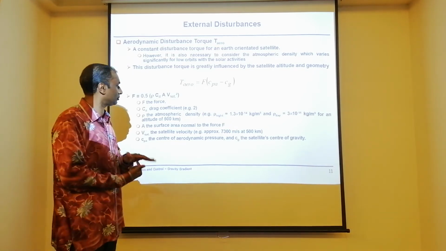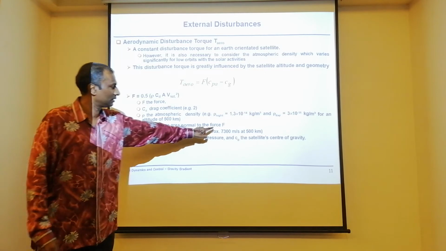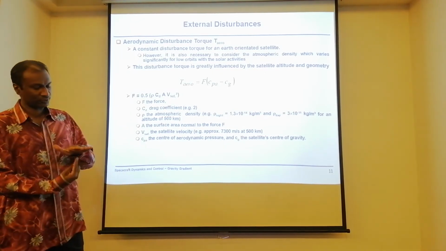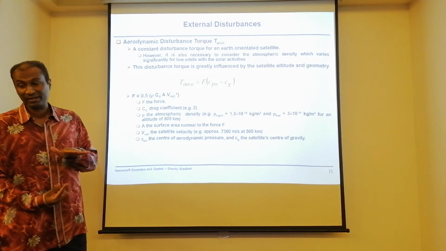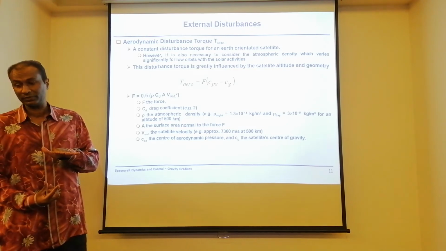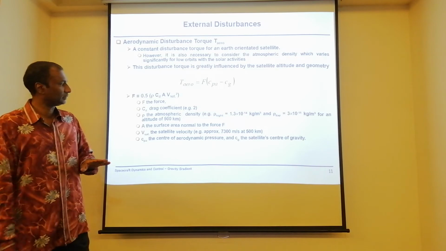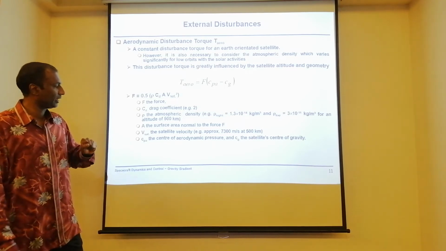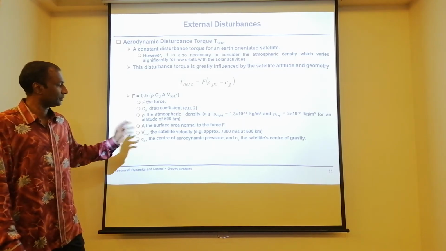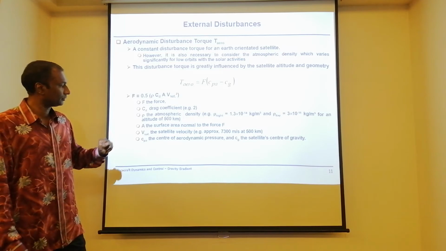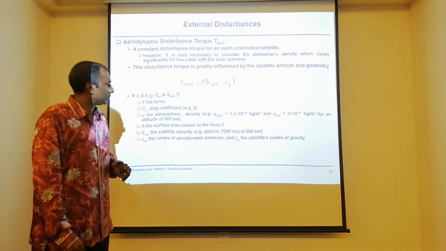And normal to the surface, it doesn't, because the force is actually normal to the surface. So pitch axis, you don't have aerodynamic disturbance. Okay, you only will have basically on your roll and your yaw. Okay. All right.